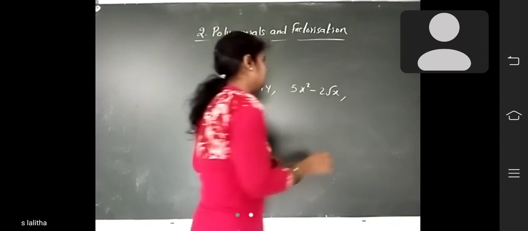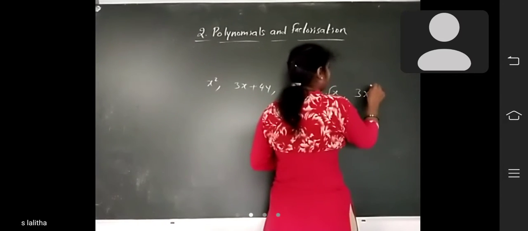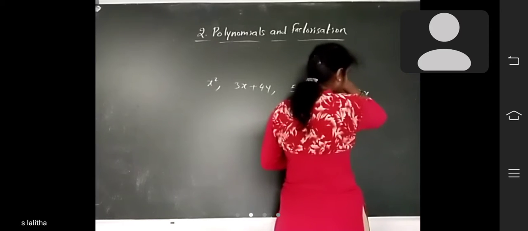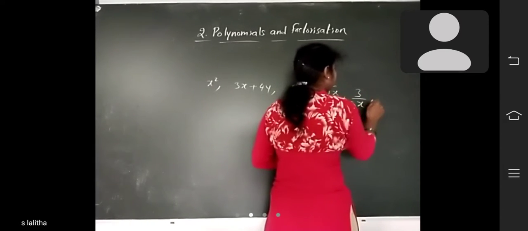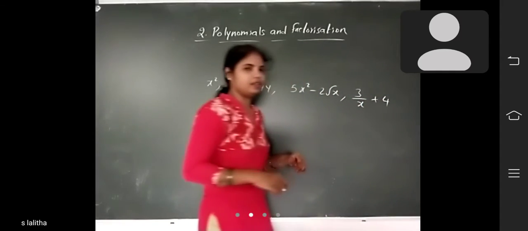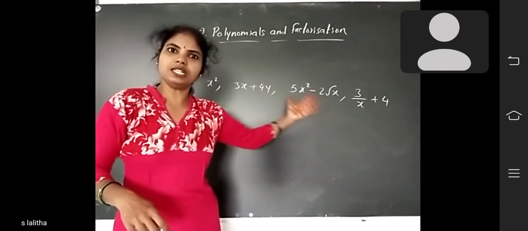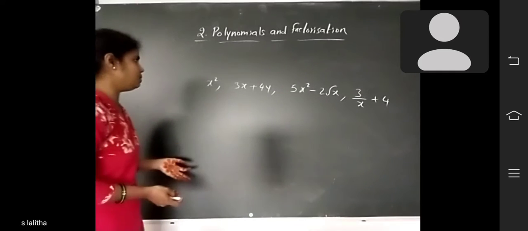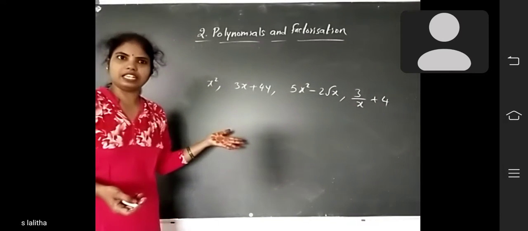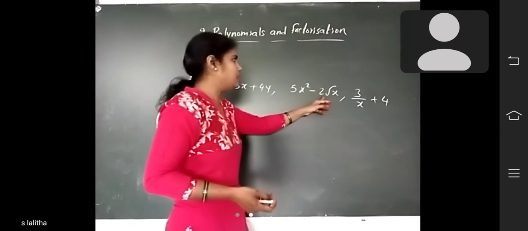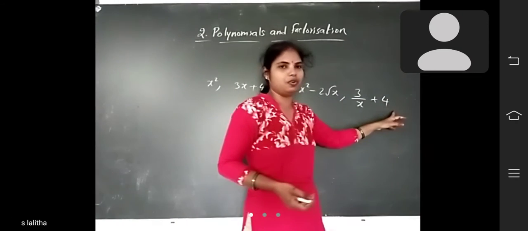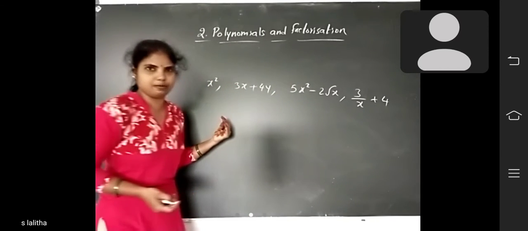Next, 3 by x plus 4. So are these all algebraic expressions or not? Yes, these are all algebraic expressions. x square is an algebraic expression. 3x plus 4y, 5x square minus 2 root x, 3 by x plus 4. So these are all algebraic expressions.